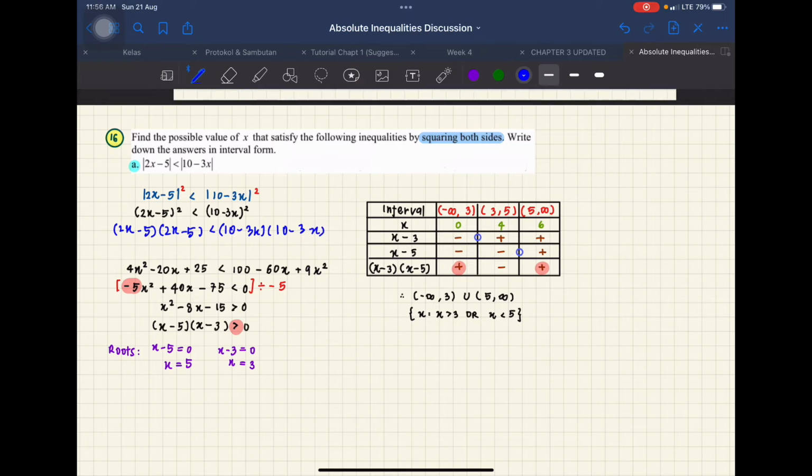Okay, and then just expandkan sahaja. Okay, so expand satu-satu. Contohnya yang ini, expand dengan this one, awak dapat 4x square. And then expand lagi yang ni. You get minus 10x. Lepas tu expand je lagi sampailah dapat like this. Okay, this is what you are supposed to get lah.